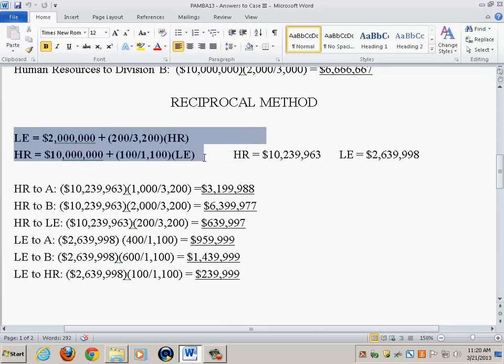So now we have set up both equations to reflect the simultaneity of the allocations between LE and HR, the exchange of services between LE and HR.